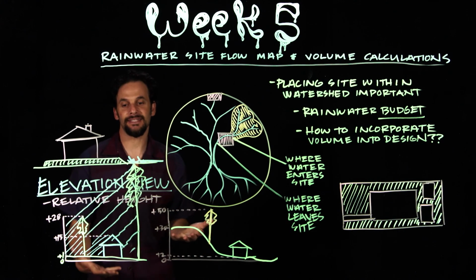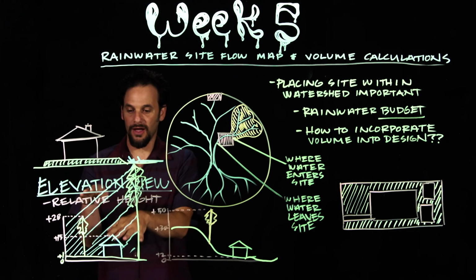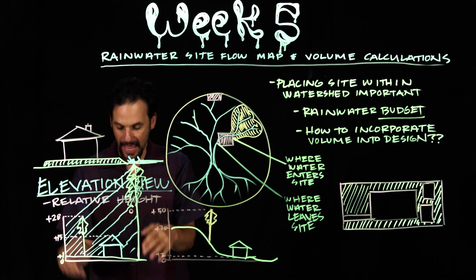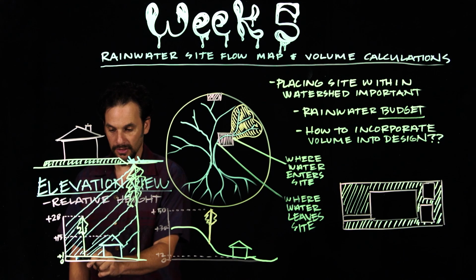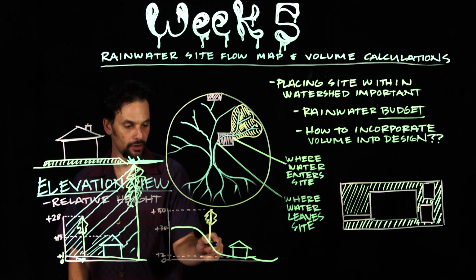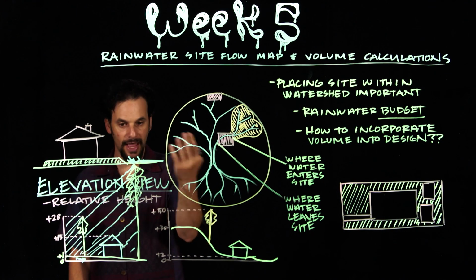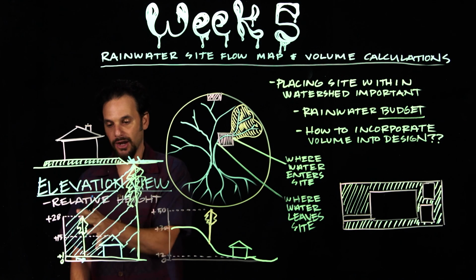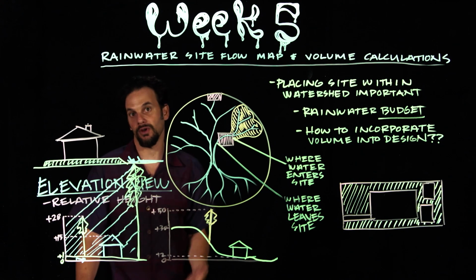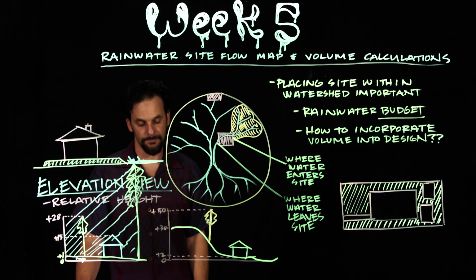So even on a flat site, we want to see the relative height of different features. It has to do with water flow, of course. It has to do with cold air or frost drainage. It also has to do with the shadow that elements cast relative to their height. So that is why that is important.